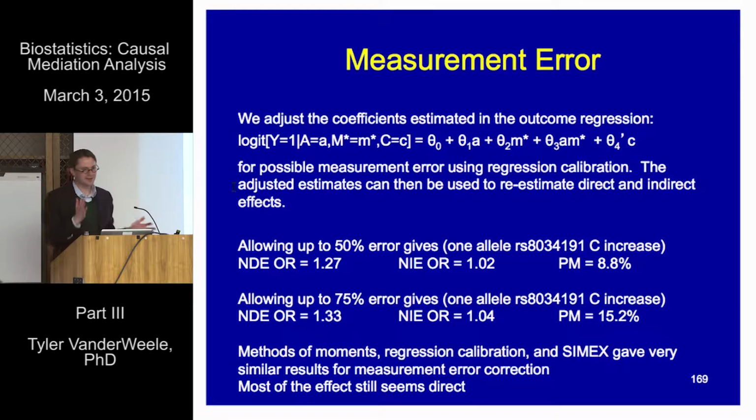But again, some of it depends on the context. In the example here, the unmeasured confounding actually just further supported our conclusion, so we didn't need to worry too much about that. The measurement error seemed to threaten our conclusion, so that's where it made sense to take a more quantitative approach. But you could imagine examples where both biases potentially threaten the conclusion, and in that setting it might make sense to do a multiple bias analysis for the direct and indirect effects. Again, I'm not aware of any literature on that, but it might make sense in some contexts.